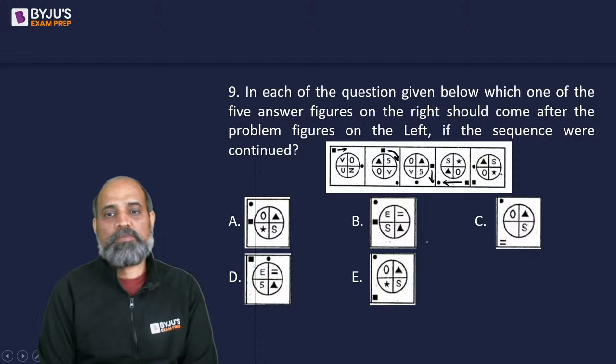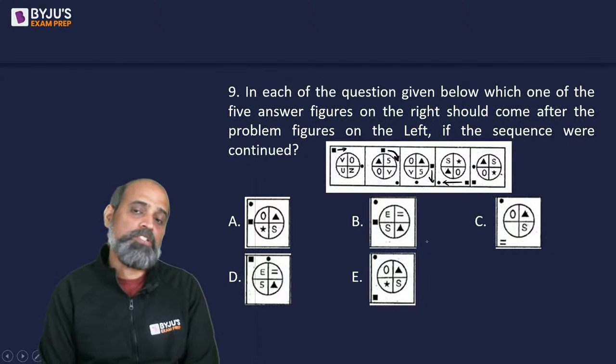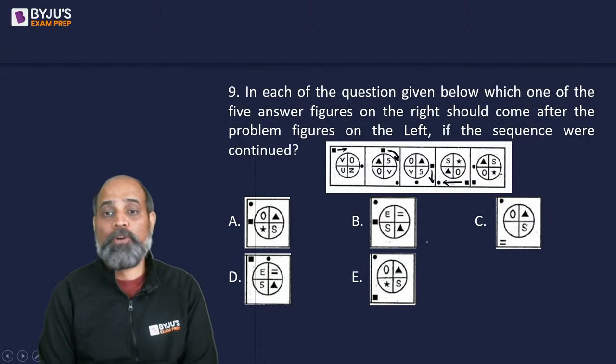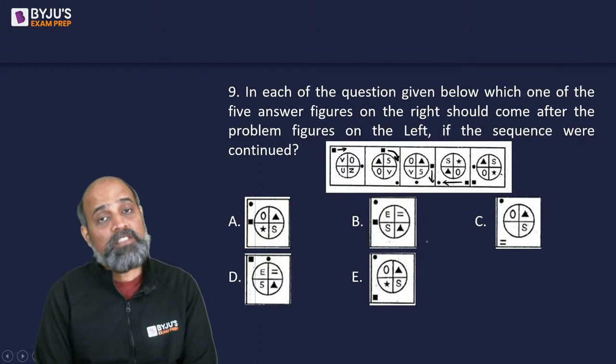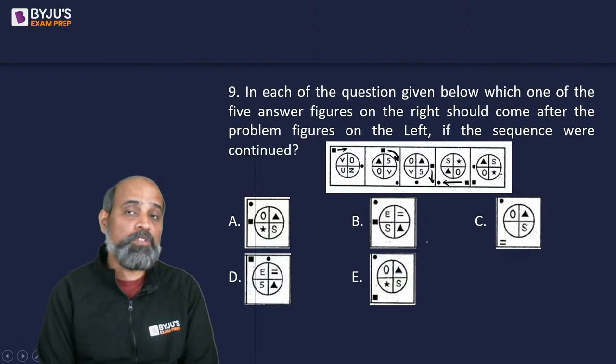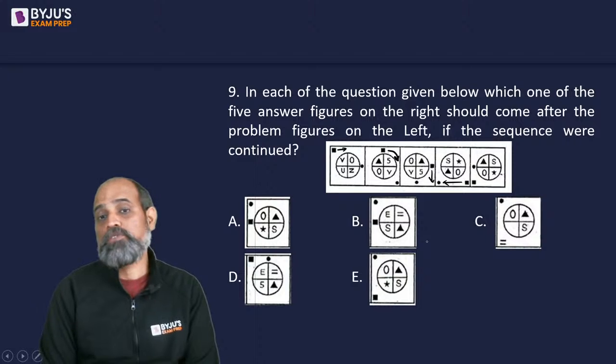So the square is moving randomly, right? So from the corner, as in north-west, to north, then from north to directly east, then east to southeast, and then suddenly from southeast to southwest.